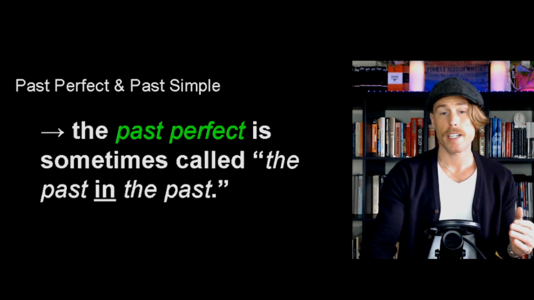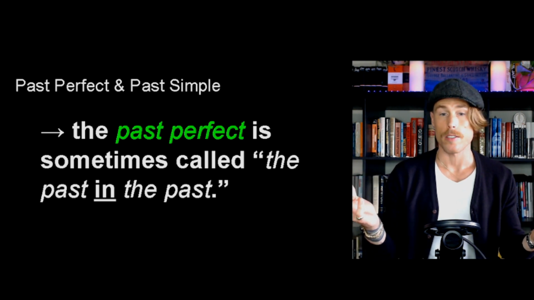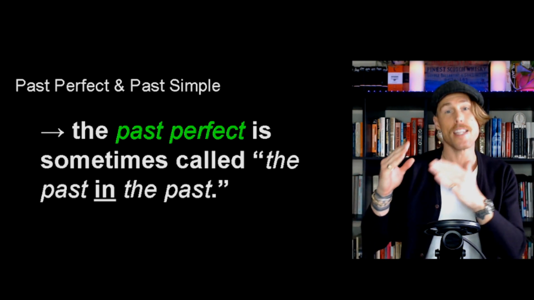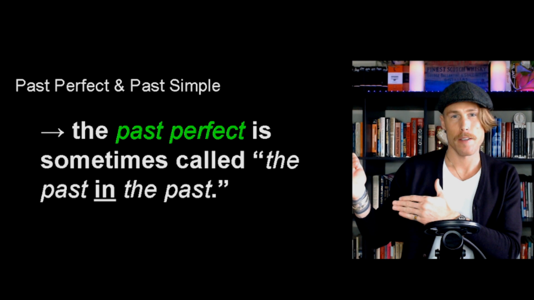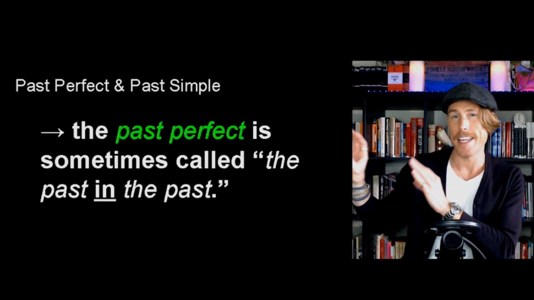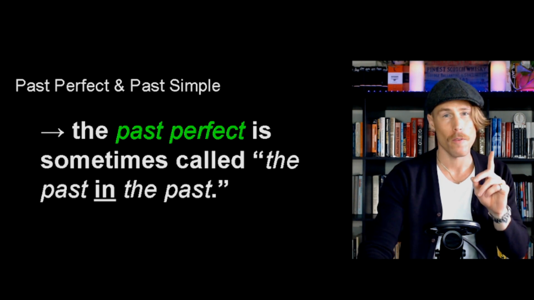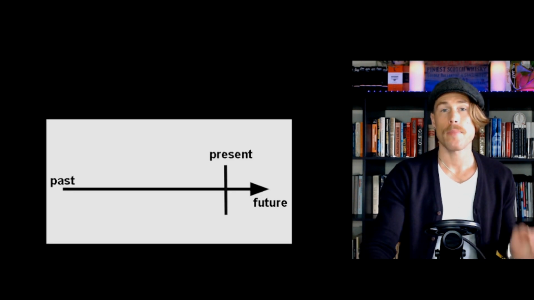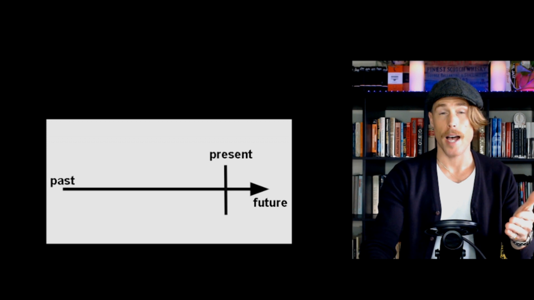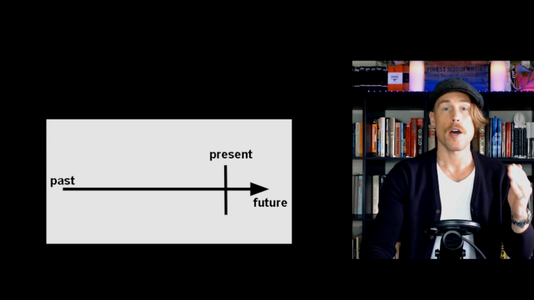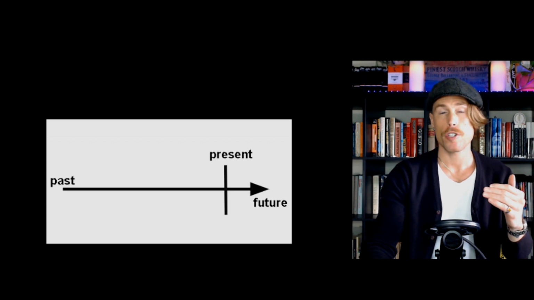The past perfect is sometimes called the past in the past. It's more in the past. I will show you some examples in one moment. Okay, have a look at the timeline. You can see past, present, and future.